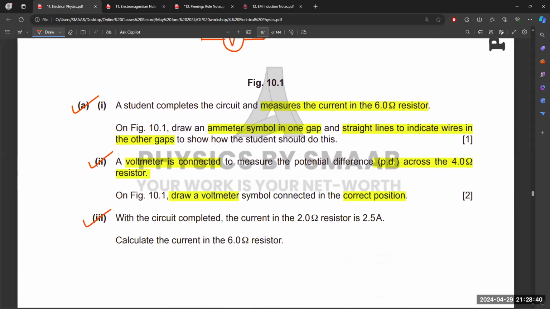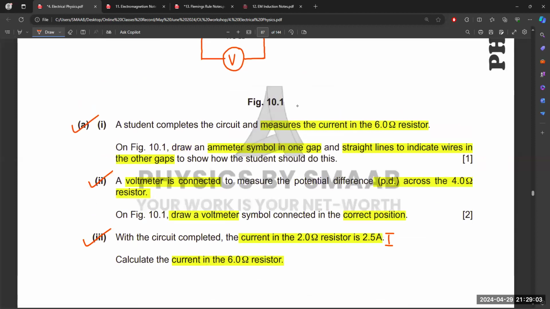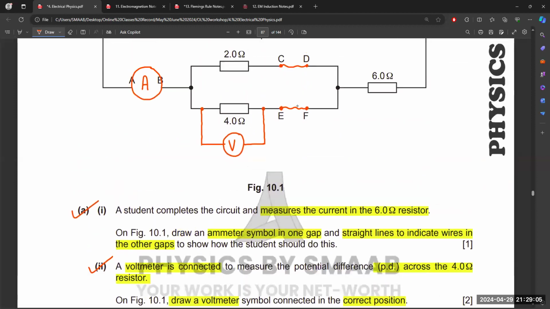With the circuit completed, the current in the 2 ohm resistor is 2.5 ampere. Calculate the current in the 6 ohm resistor. So the value of electric current through this 2 ohm resistor is given as 2.5, and the other resistor is 6 ohm. So what is the value of current in the 6 ohm?